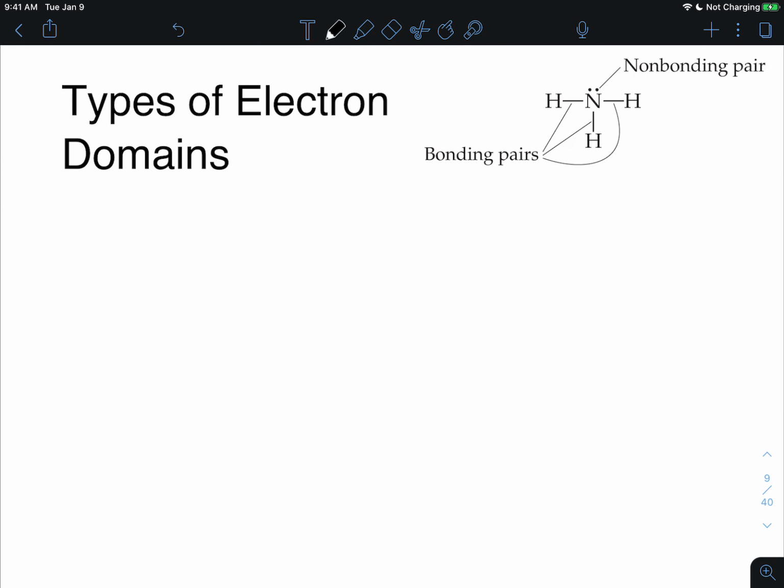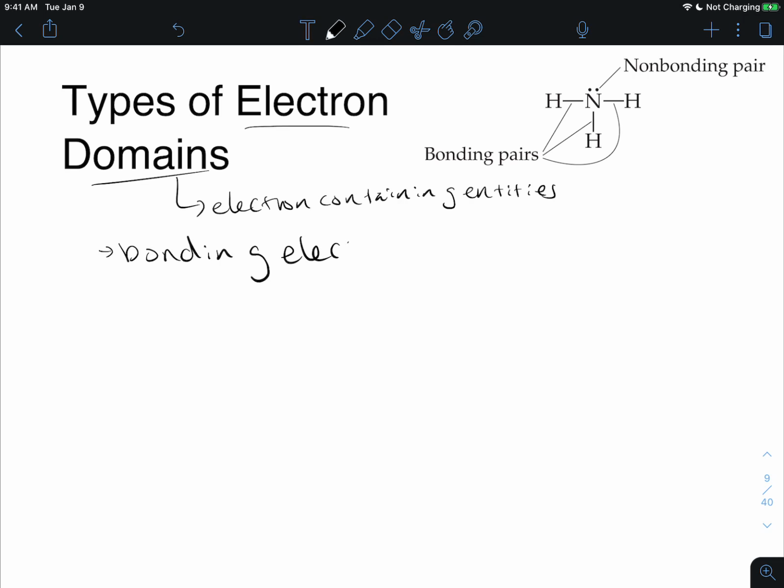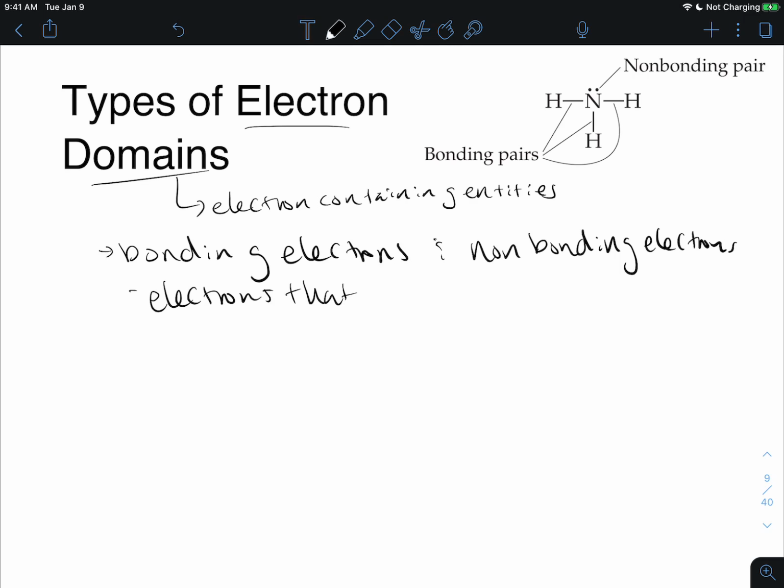There are two types of electron domains or electron-containing entities. And these are going to be bonding pairs and non-bonding pairs. Or bonding electrons and non-bonding electrons. Bonding electrons are electrons that are in bonds.